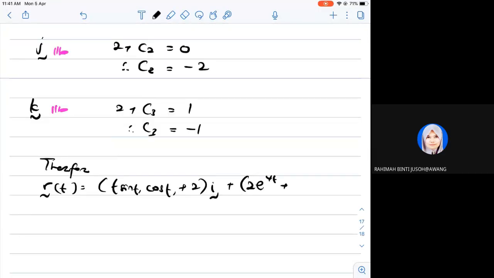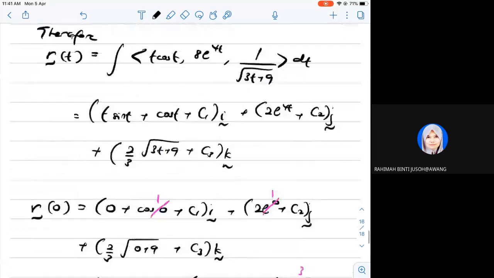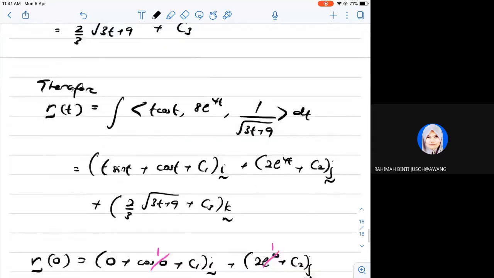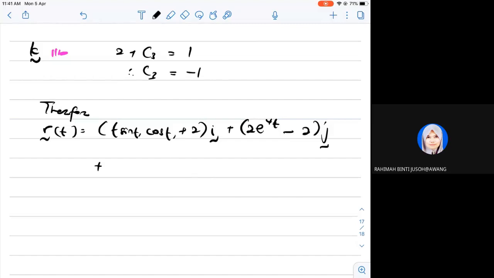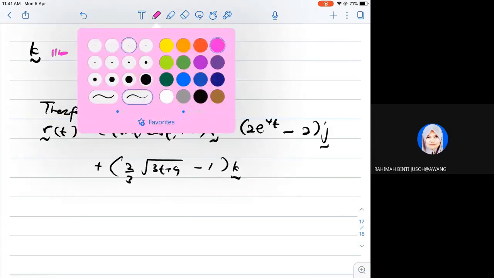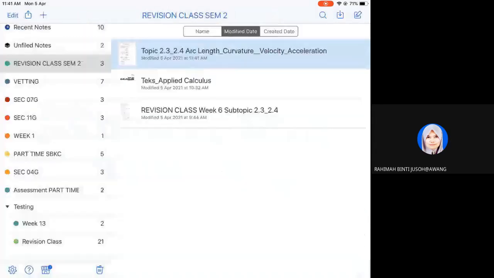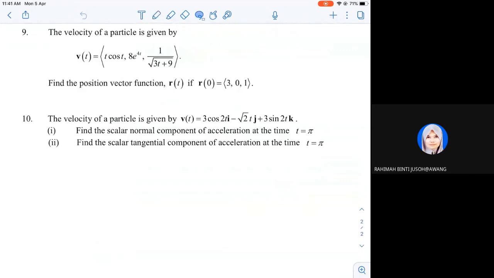Minus 2, minus 2j, and then the last one kita ada 2/3 apa tadi? 3t plus 9. Okay. Last 2/3 square root 3t plus 9 minus 1. Okay. Understand? Boleh faham guys? Boleh, boleh, doktor. Okay, very good.